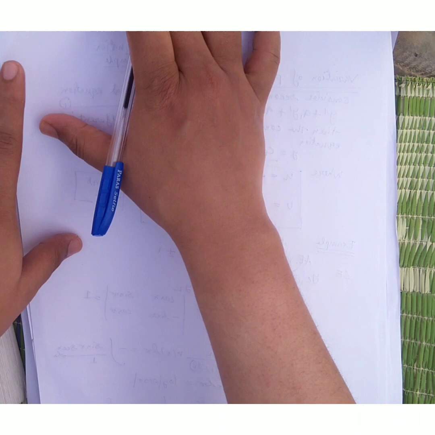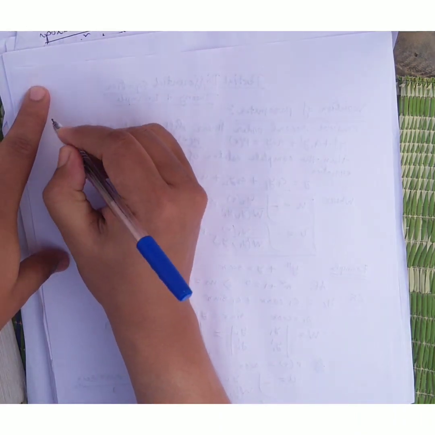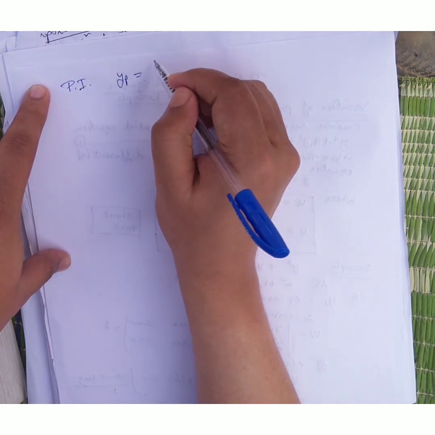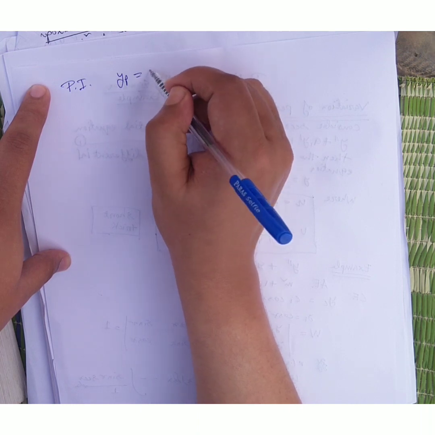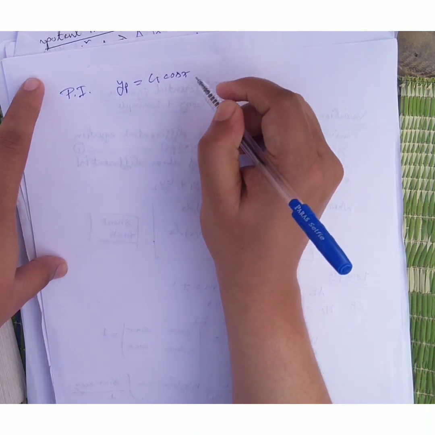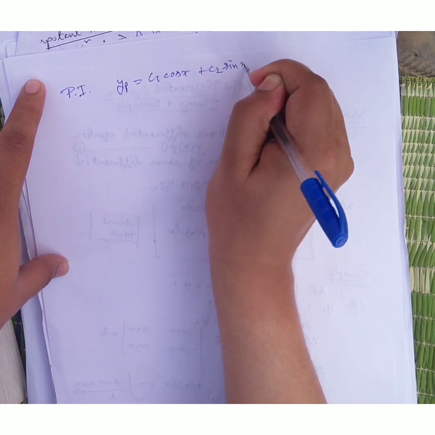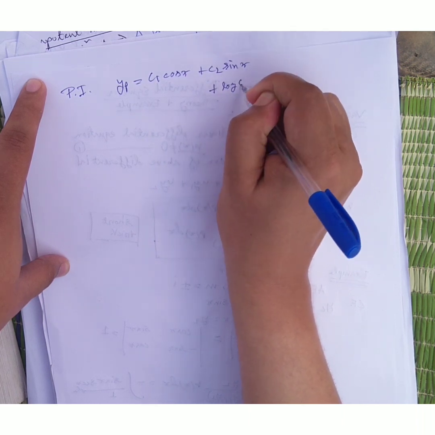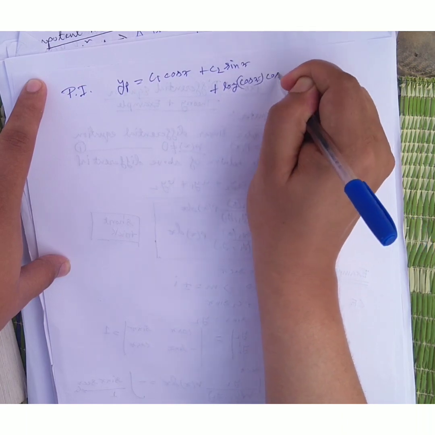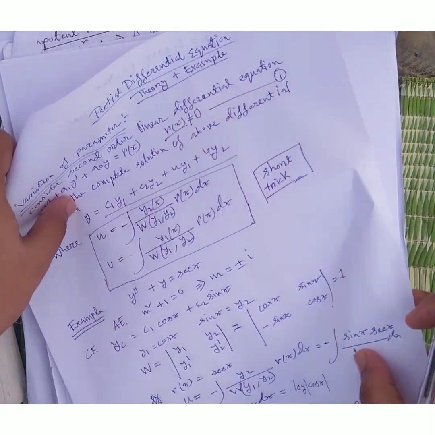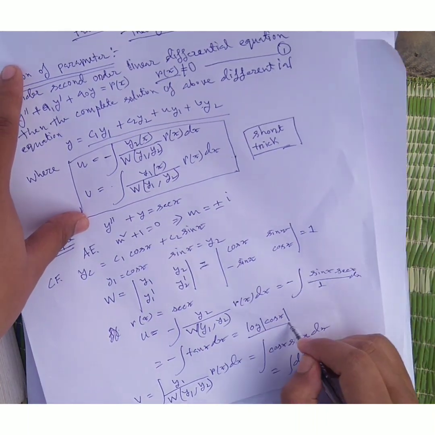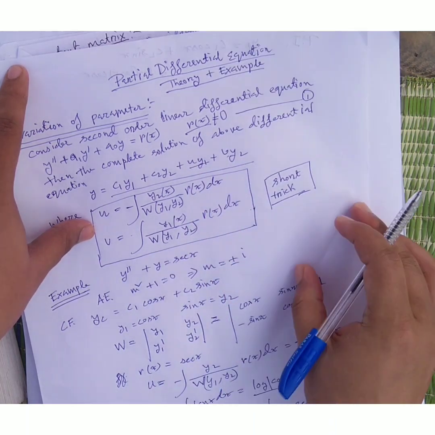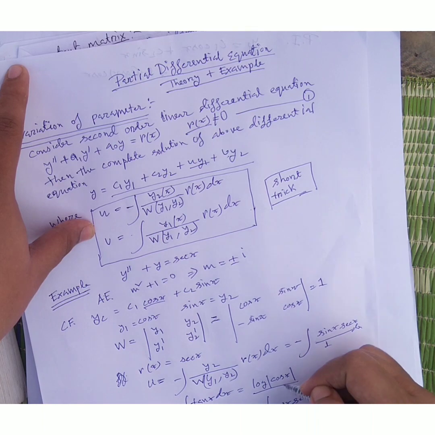So friends, my equation, the particular integral yp is equal to c1 cos x plus c2 sin x plus log cos x into cos x, because whatever I get, u is equal to log cos x, and u y1 has cos x, plus x sin x.